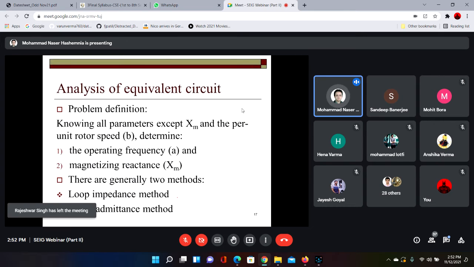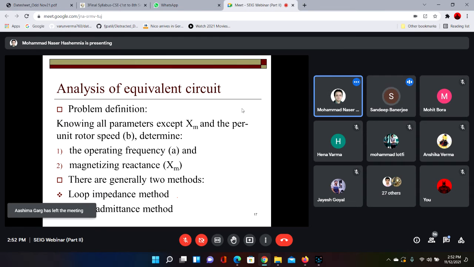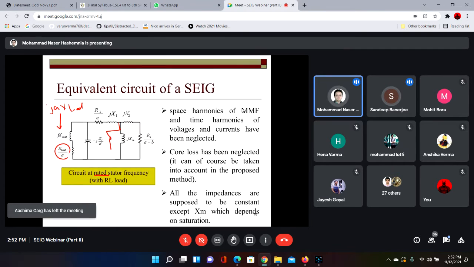Is there any question, Dr. Banerjee? Sir, if we include the core branch, it would be RC by A. In this equivalent, yes, it would be core resistance divided by A. Yes, that's exactly right. Of course, this RC corresponds to the RC of the actual circuit. Yes, sir, I agree. I just wanted to let you know that different effects can be taken into account.